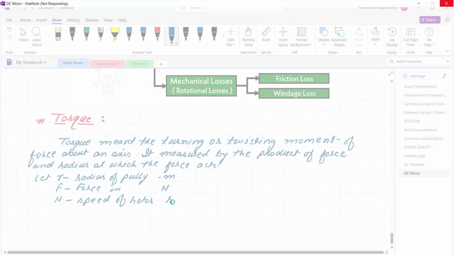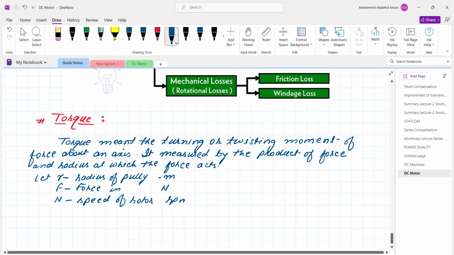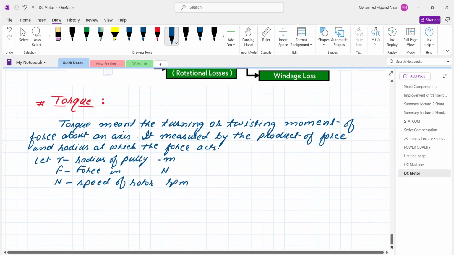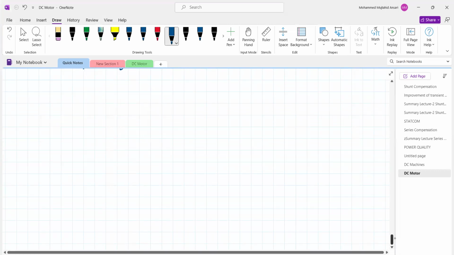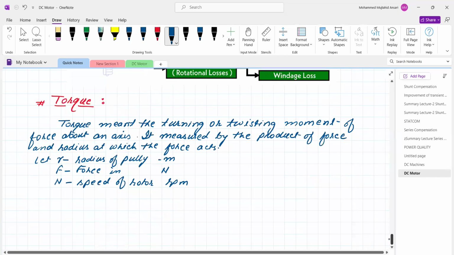Now, as per the definition, torque equals force into radius.